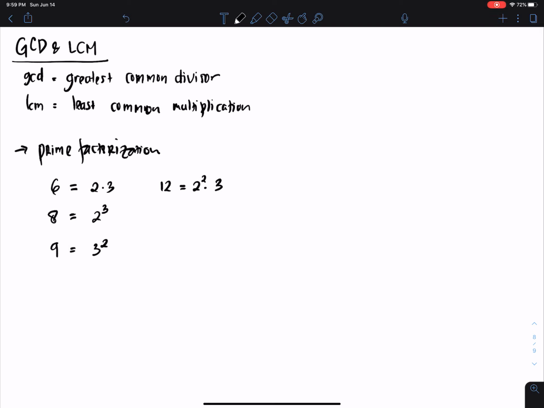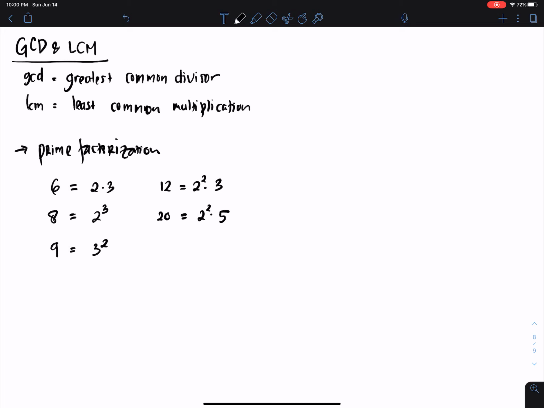And another example is 20, which will be 2 to the power of 2 times 5. For higher numbers later on we can just do manual calculations. This is not new for you, you should already be familiar with prime factorization. This is just to refresh what you have already learned.